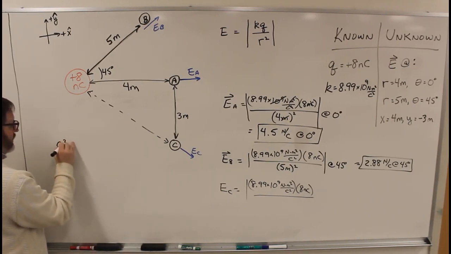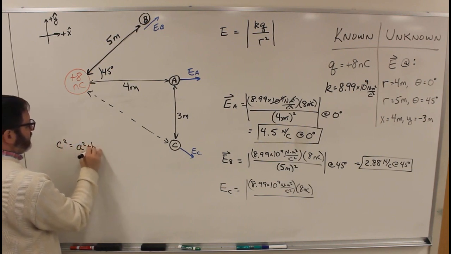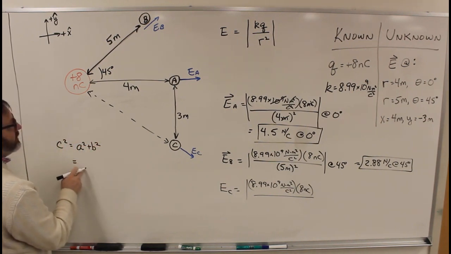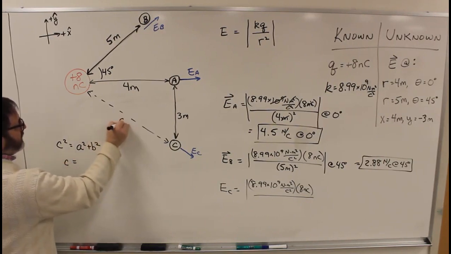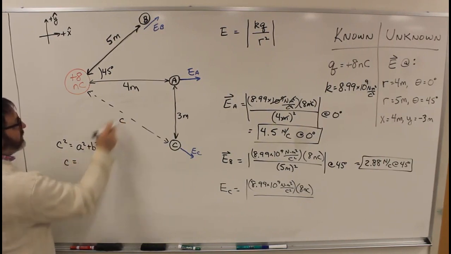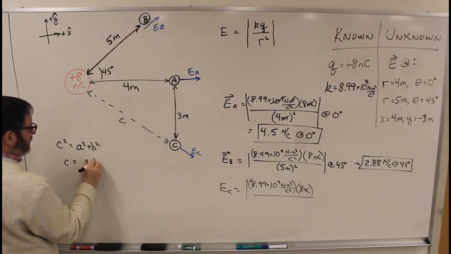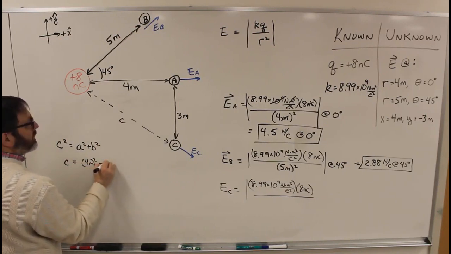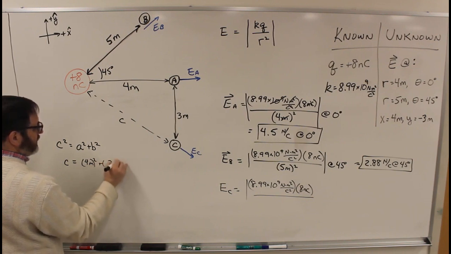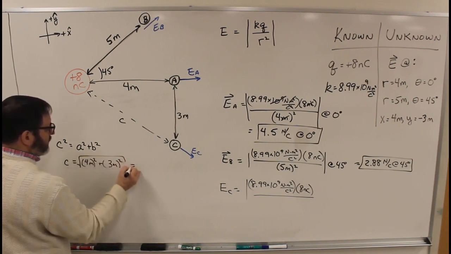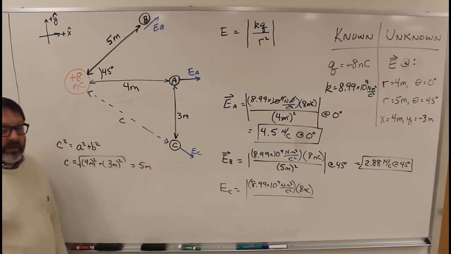So c squared equals a squared plus b squared. So that means c, if we call this c, c equals the square root of 4 meters squared plus 3 meters squared, which is 5 meters.